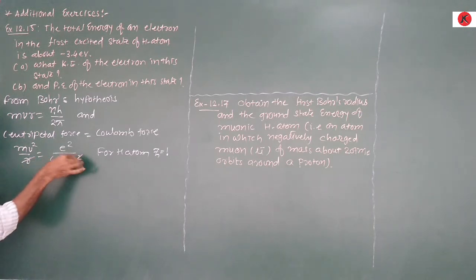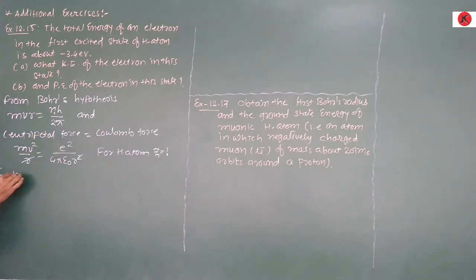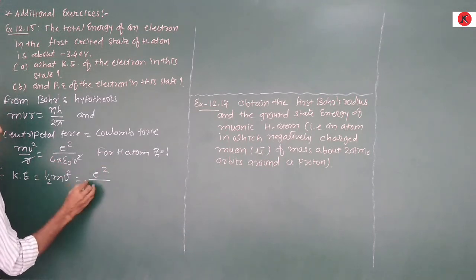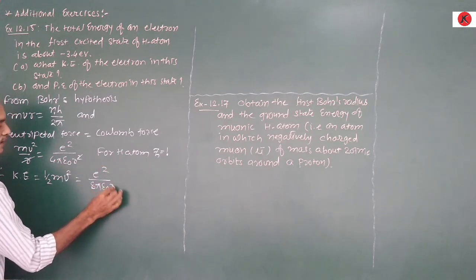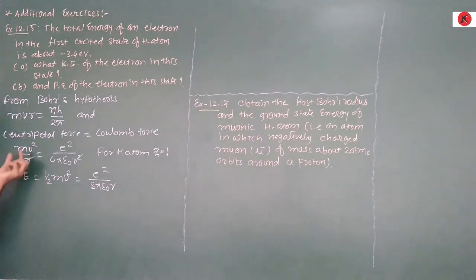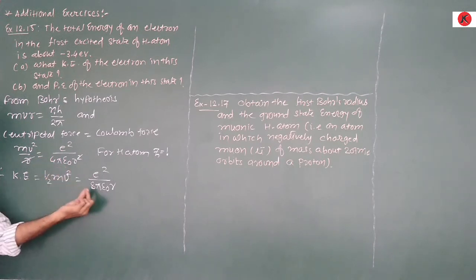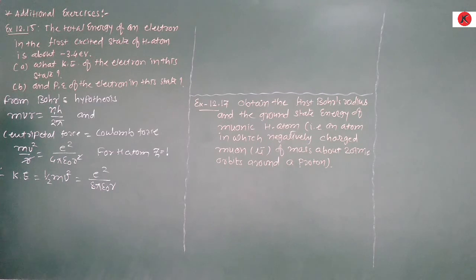One r cancels. Therefore, multiplying both sides by half, half mv square, which is the kinetic energy of the electron, is equal to e square upon 8 pi epsilon 0 r. Therefore, kinetic energy is e square upon 8 pi epsilon 0 r.